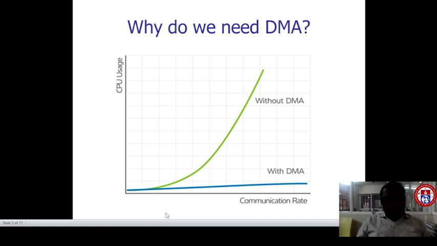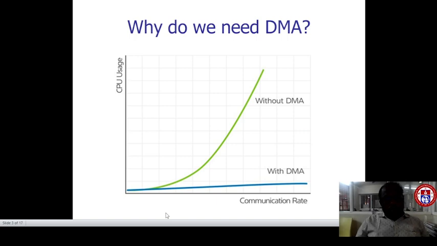You can see one picture over here. On the x-axis we have the communication rate, and on the vertical axis we have CPU usage. Here you can see the green line, which is without direct memory access, utilizing the CPU more.